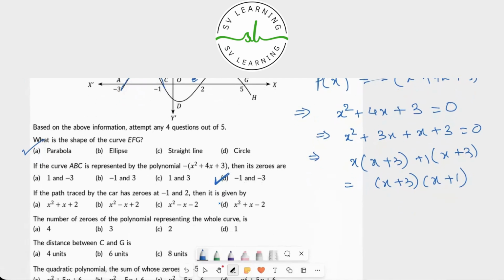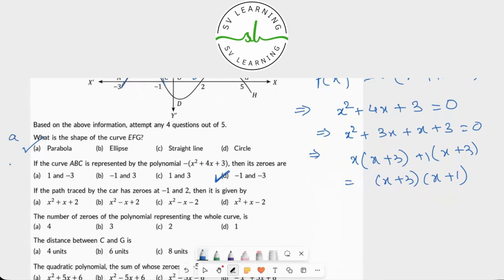Now, let's say this is your A, this is B, this is C. If the path traced by the car has the zeros minus 1 and 2, so zeros are given, minus 1 and 2. We discussed that whenever zeros are given and we have to trace the polynomial, if minus 1 is a zero, then x plus 1 will be a factor.